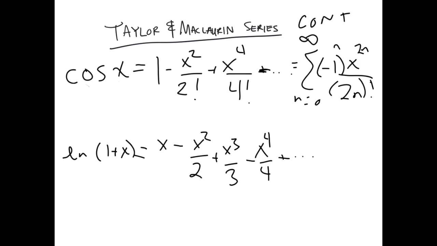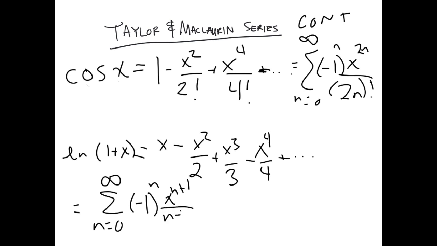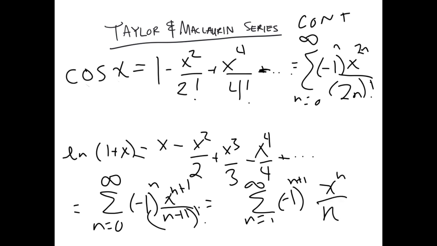This is going to simplify to the sum from n equals 0 to infinity of negative 1 to the n, x to the n plus 1 over n plus 1, which we can also simplify by starting at n equals 1 to infinity, negative 1 to the n plus 1, because our first term is positive, x to the n over n.